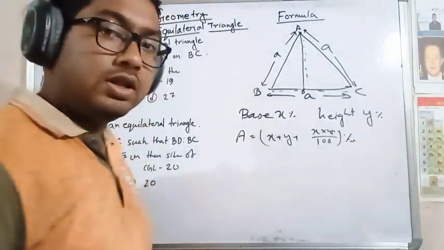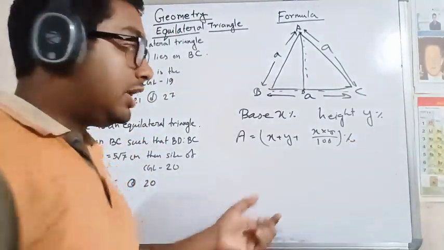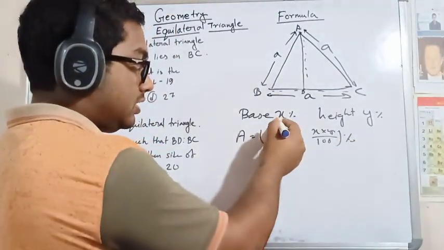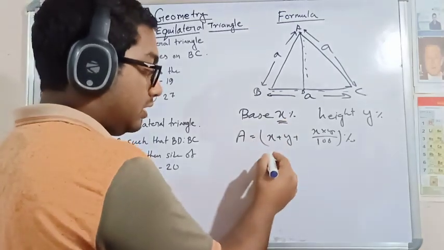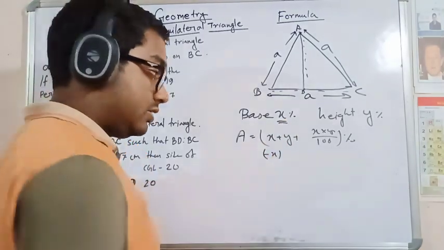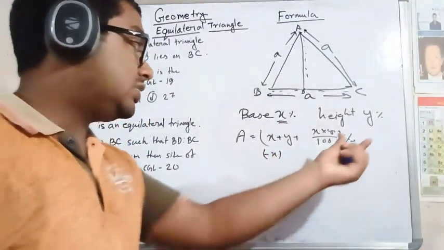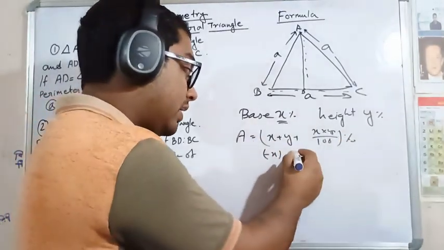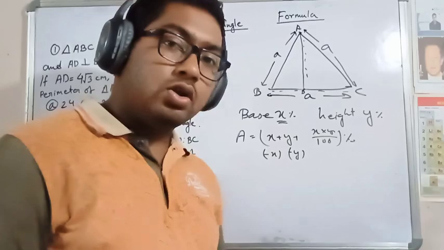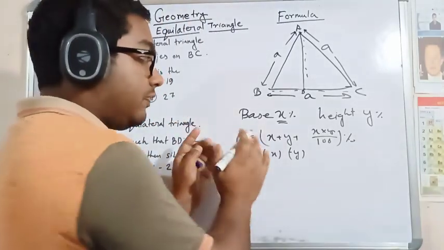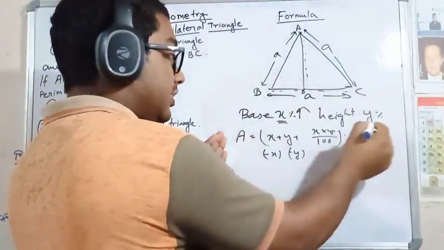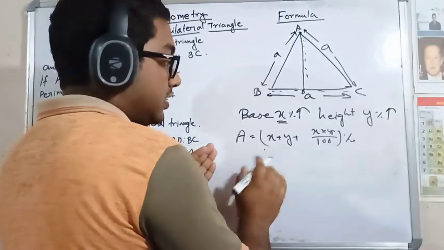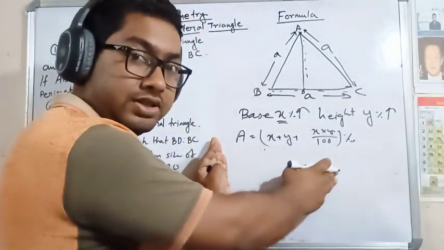Okay, this amount increases. If this is a decrease, then we assume that it is a minus x. And suppose this is a decrease and this is an increase, then we take a plus x and a minus y. You understand? This is the formula for increase, if x% increases or y% increases, then the area also increases by this percent.